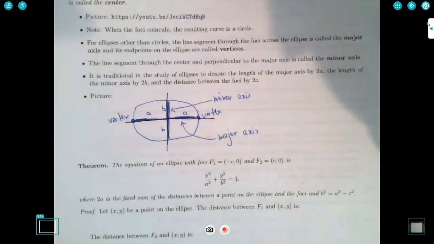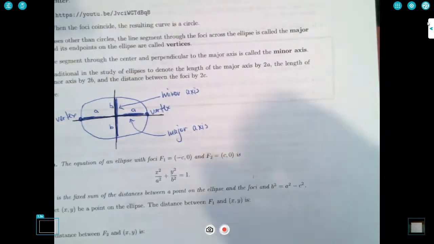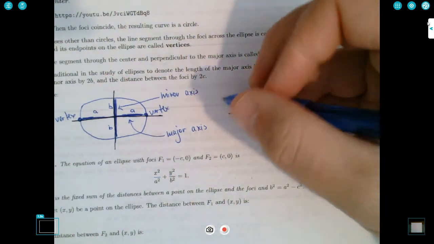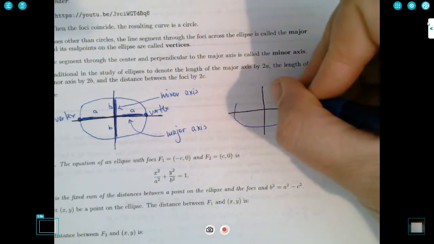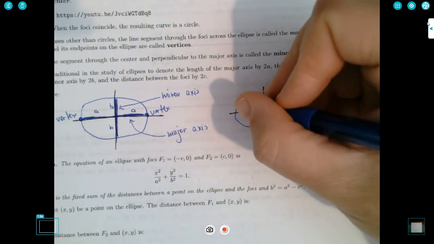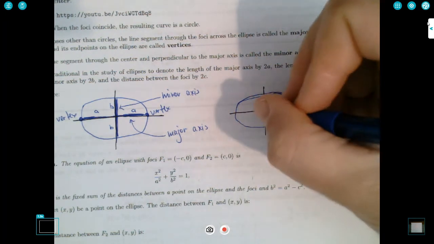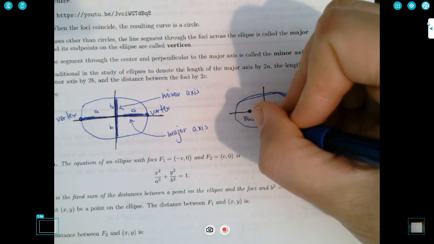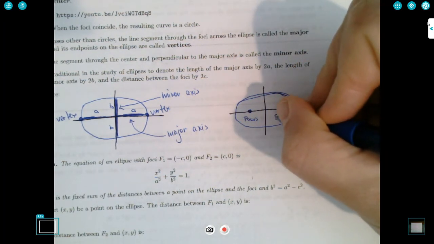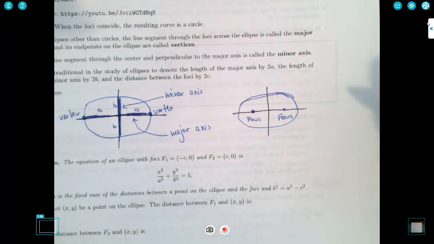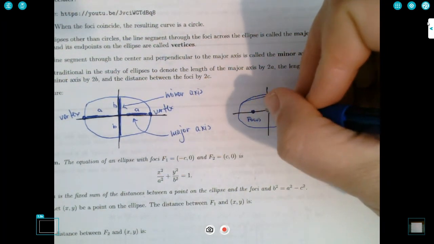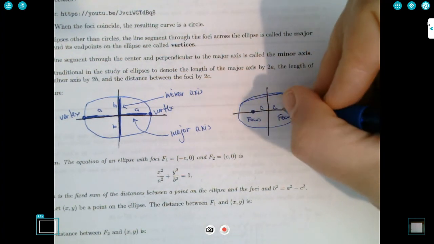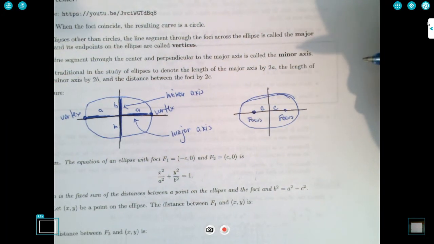It's going to get confusing if I try to draw the foci, and that was a very poorly done ellipse, my apologies, but the idea is that you'll have a couple of foci, and the distance from the focus to the center is C, so that the distance between the two foci is 2 times C, all right?